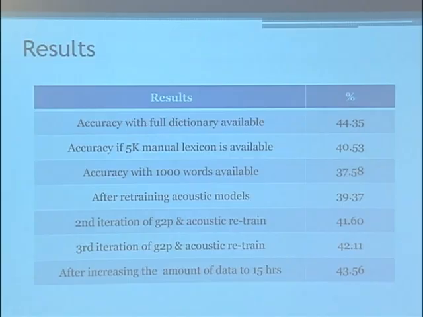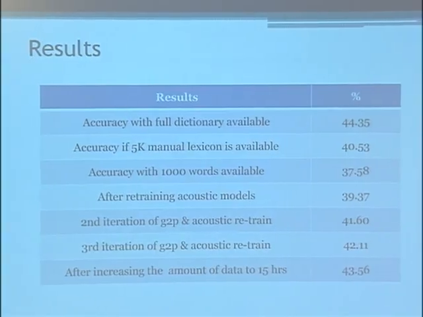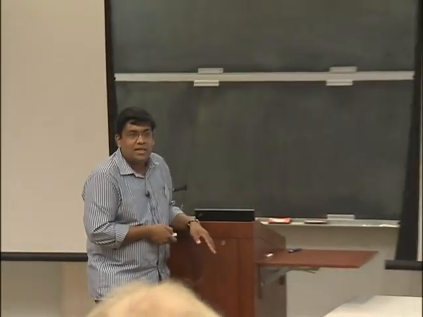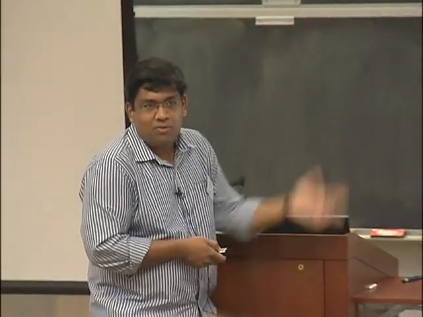In this experiment, we constrained ourselves not only in the number of words, but we also used 6 hours of training data. The 6 hours do not contain partial words, which CoreHome has in a great amount. We kept those apart so that we don't confuse our G2P system with partial words. In the last stage, we pushed the entire training data back into the loop and went ahead again.